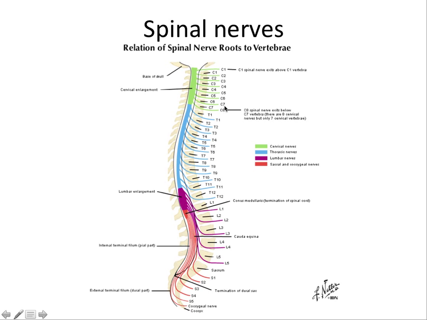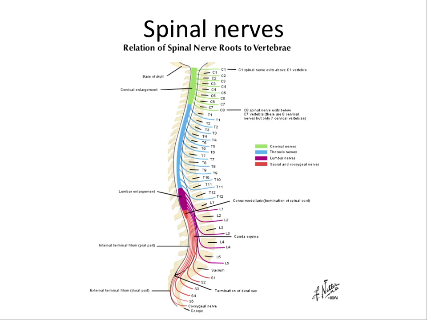And how does this work? Well, what happens is that in the cervical spine, the nerves exit superior to their named vertebra. So here we have C1, and here we have the C1 nerve, spinal nerve. C2, C2 spinal nerve. C3, C3 spinal nerve. And so on until we get to C7. And C7 has 2 spinal nerves associated with it.